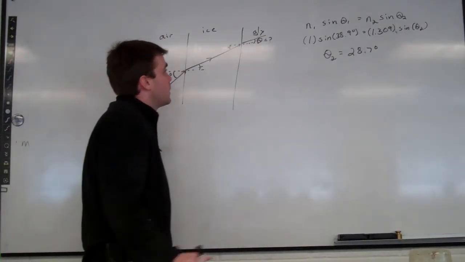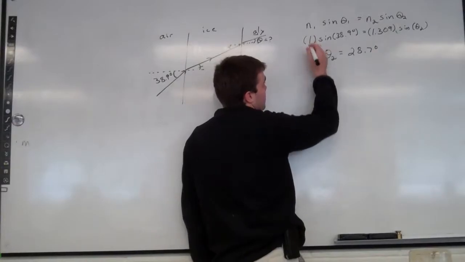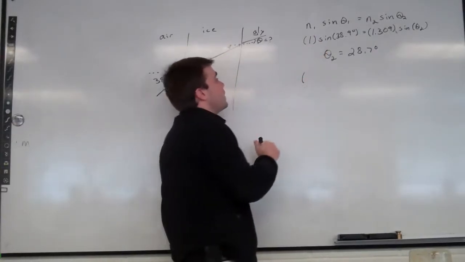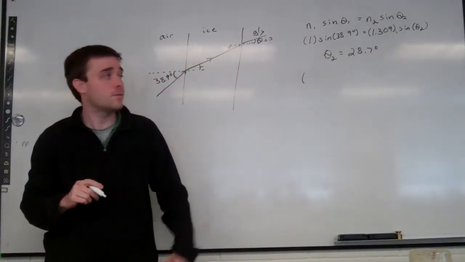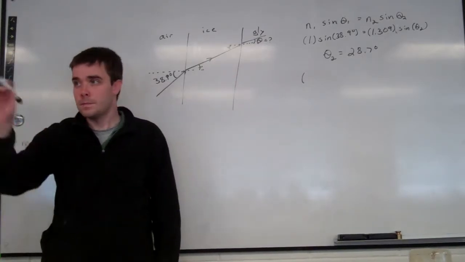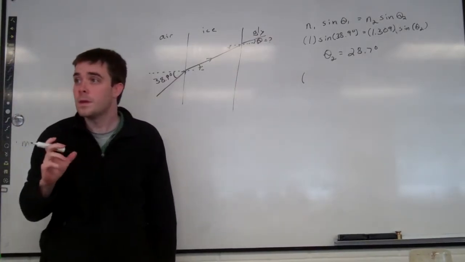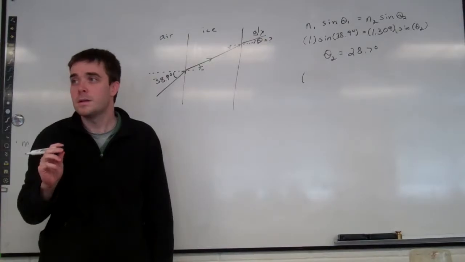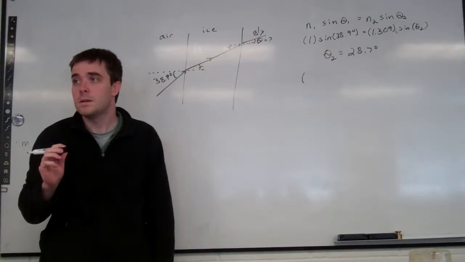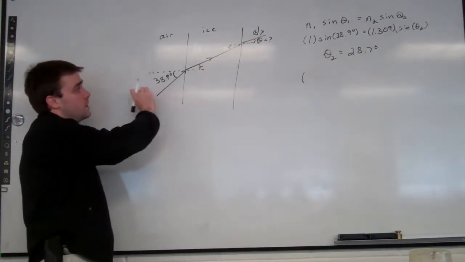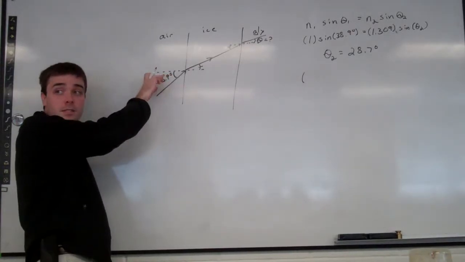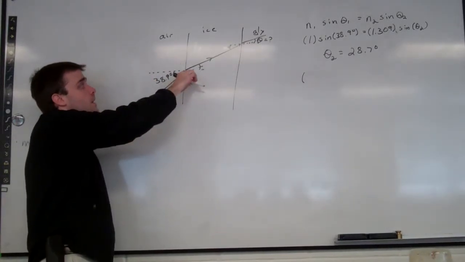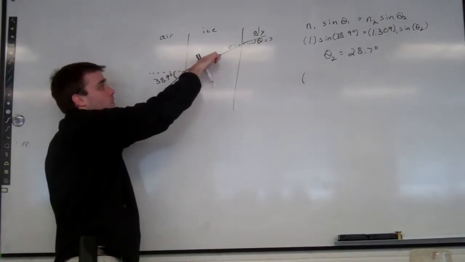Alright. Now same thing again, same equation. Which angle is theta 2? Theta 1 is what it's going in as, and theta 2 is what it's going out as.